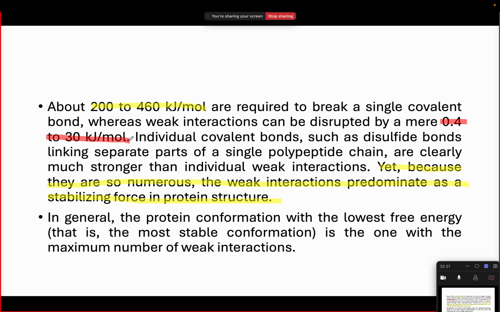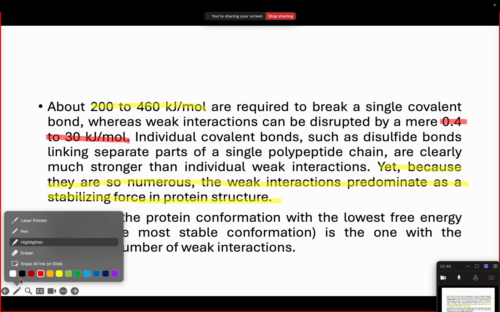But though an individual weak or non-covalent interaction is weaker, they are numerous in number, right? So the weak interactions predominate as a stabilizing force in protein structures. In general, the protein conformation with the lowest free energy, that is the most stable conformation, is the one with the maximum number of weak interactions.